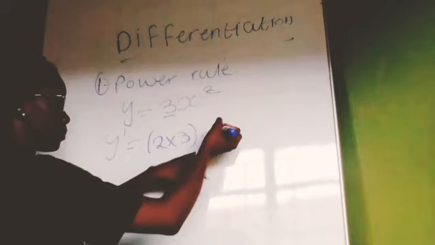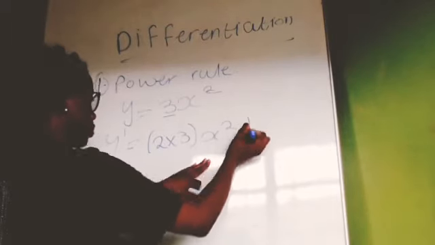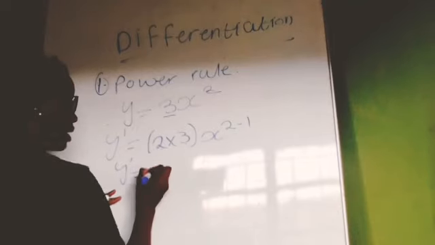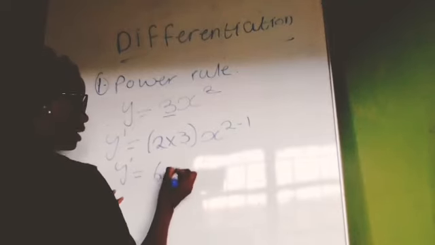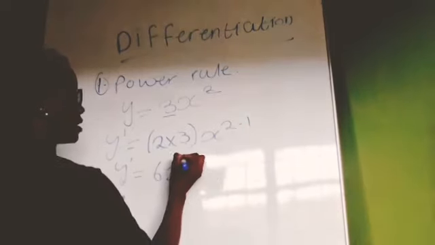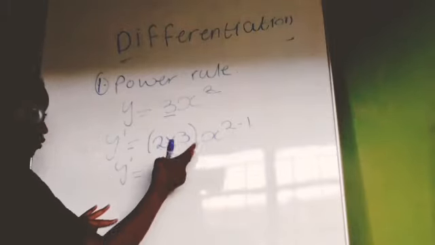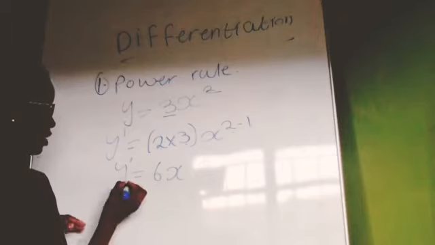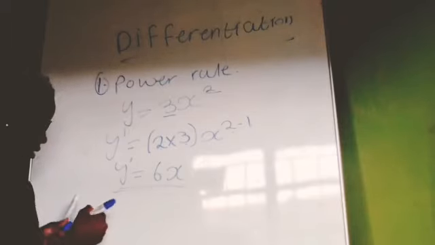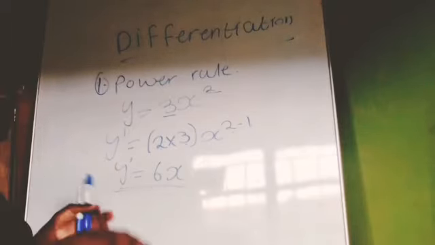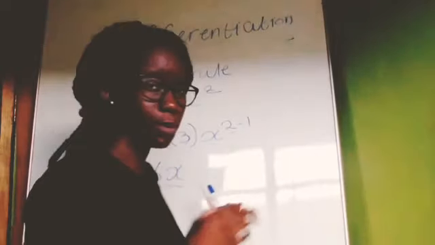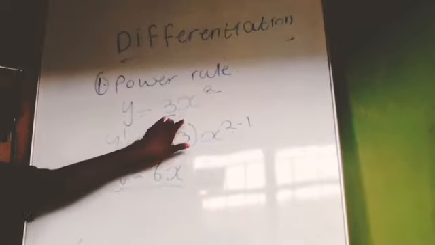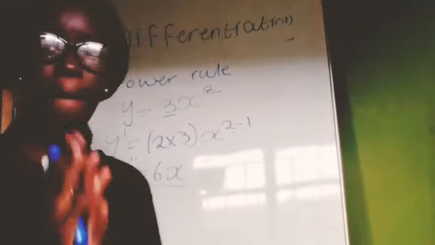The power reduces by 1, so this is 2 minus 1. So y prime is equal to 2 times 3, that's 6. X, 2 minus 1 is just 1. So it's okay even if you don't put the 1 there. X to the power 1 is the same as x. So this is 6x. So this is on the power rule. That's the power rule. We're simply multiplying the power times the coefficient, and the power is reducing by 1.